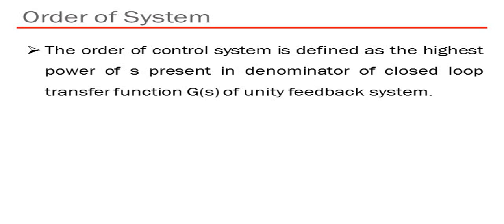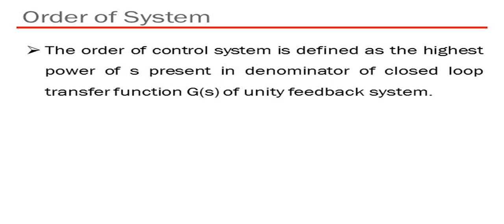Okay, next is the order of the system. We have to calculate the order of the control system. The order of a control system is defined as the highest power of S present in the denominator of the closed loop transfer function G of S of a unity feedback system.